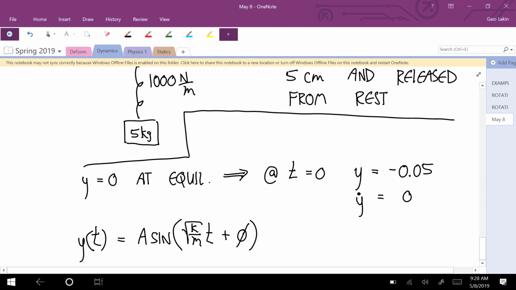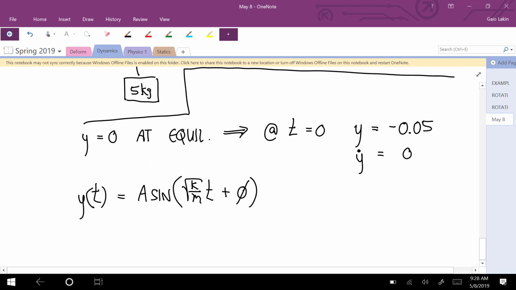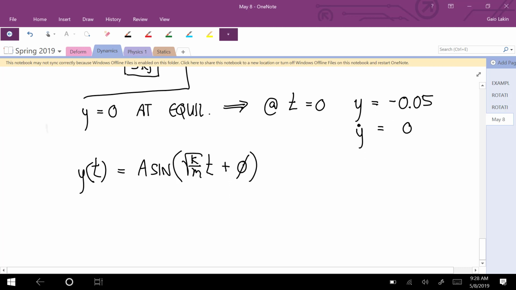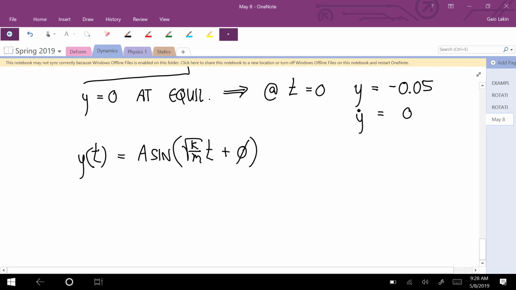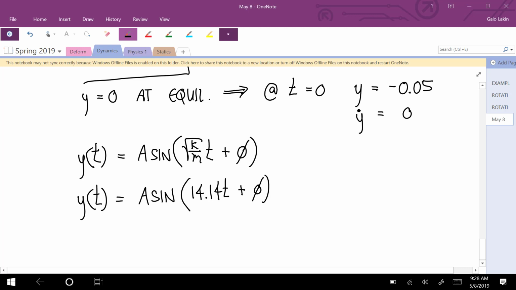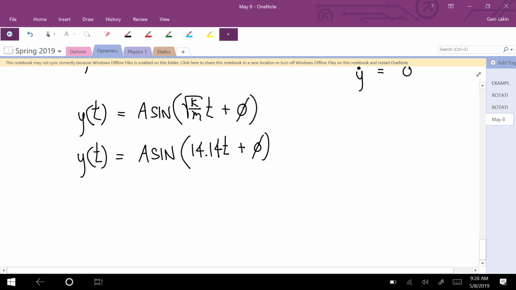Square root of 200 is 14.14, so A times sine of 14.14 t plus phi. And now you're just using the boundary conditions to get this function.